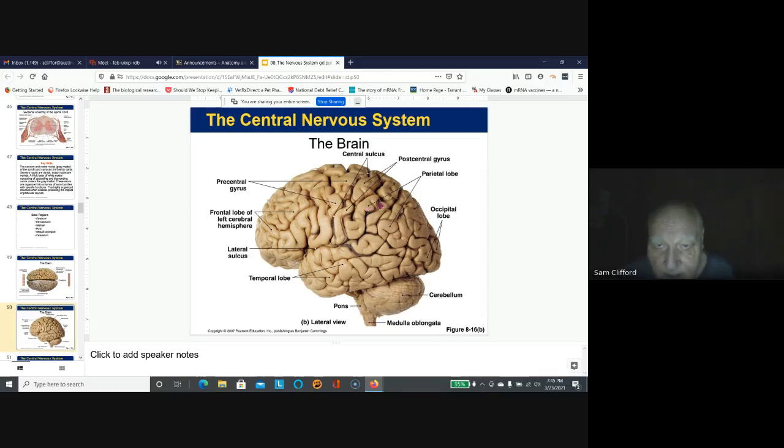So all of this is higher level cerebral tissue that is arranged in a very compact fashion in order to establish a lot of brain tissue in the cerebral hemispheres.